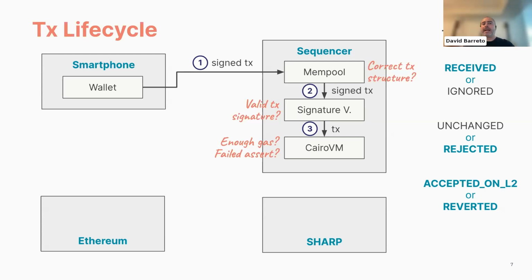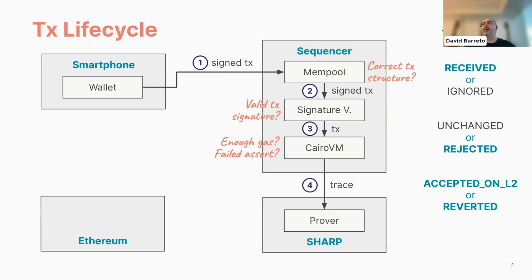But if something happened, for example, you ran out of gas during the execution, you didn't have enough tokens to pay for it, or it could be that during the execution it hit an assert false, when that happens, the transaction stops the execution and it is reverted. You will get charged up to the point that execution actually happened, but that will be the end of it, right?